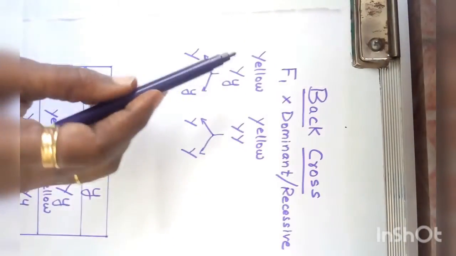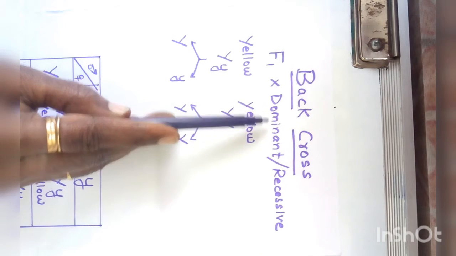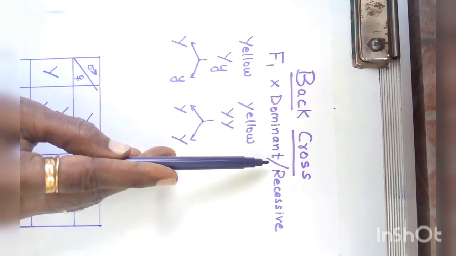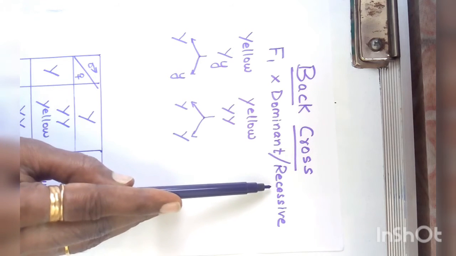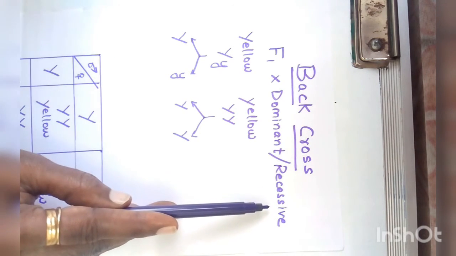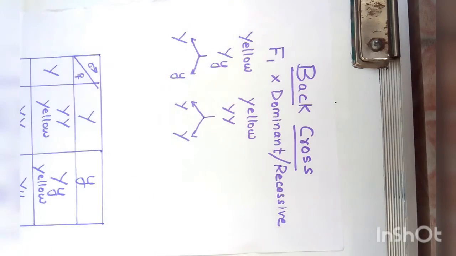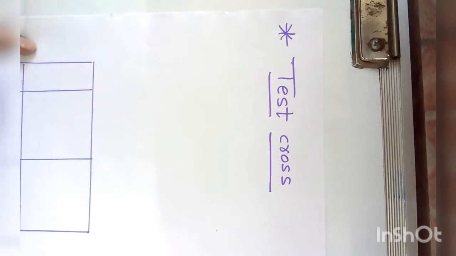So this is an example of back cross in which F1 is crossed with its dominant parent. For back cross, we will not cross the F1 generation with recessive, because the same thing we are going to study for the next cross, which is called test cross. So what is test cross?